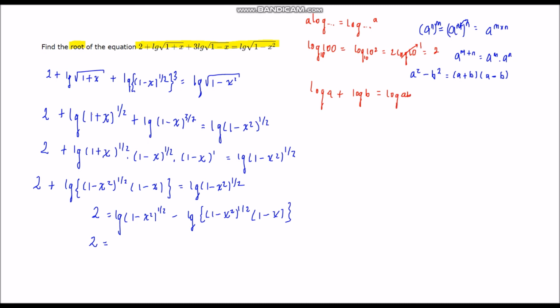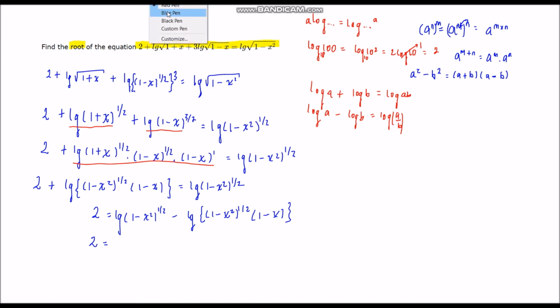And that's why I can combine these two into this, because of this. And then this, I can combine these two as well, because they have the same base. Log a, but the only difference is that the sign is minus. So log a minus log b is equal to log a over b.